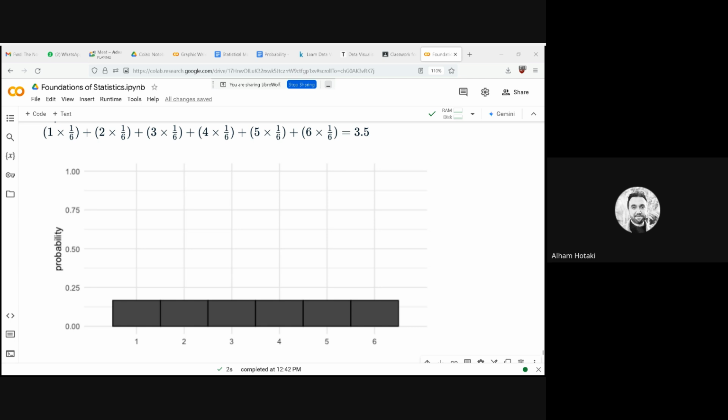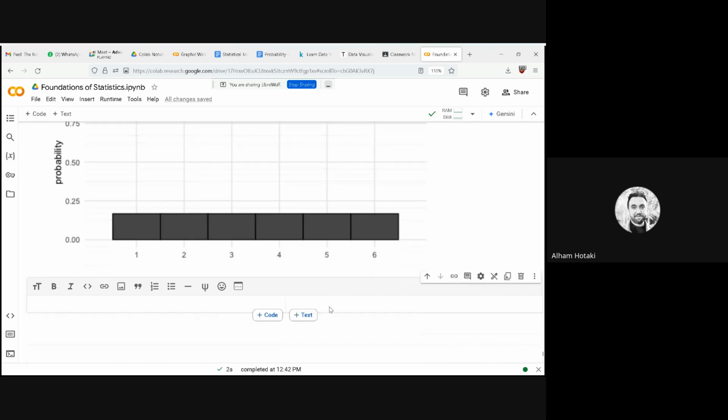Okay. Now tell me, how much will be the probability when you're rolling a die that the result is equal to 2 or less than 2? How much will it be?